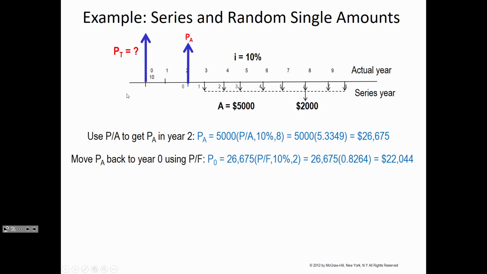Because now instead of looking at our quasi-time axis of this secondary 0, 1, 2 that's underneath the main time axis, we're now looking at the amount in year 2 as a future amount, which in reality it is. It's a future amount, and so that's why now we have P/F, is we're taking it from year 2, which is the future, to the present. And so that's why we have n equals 2 for that second step.